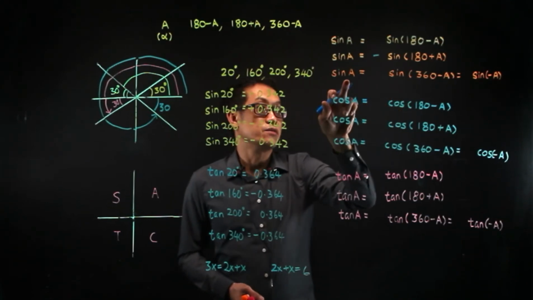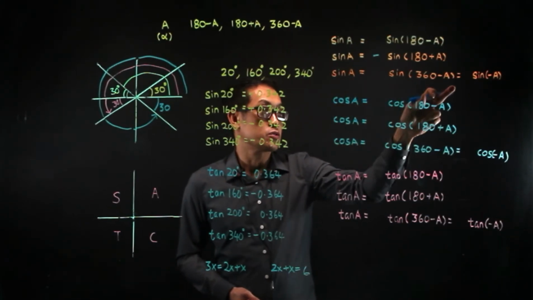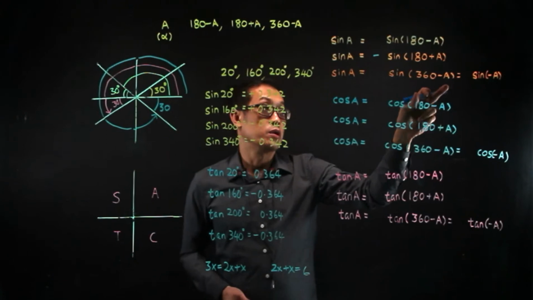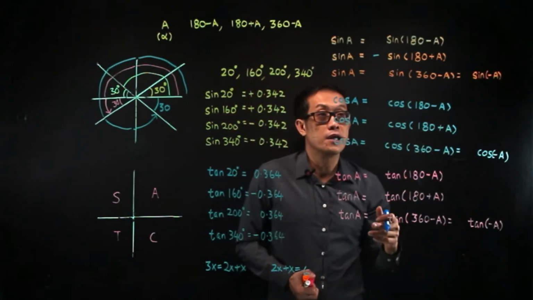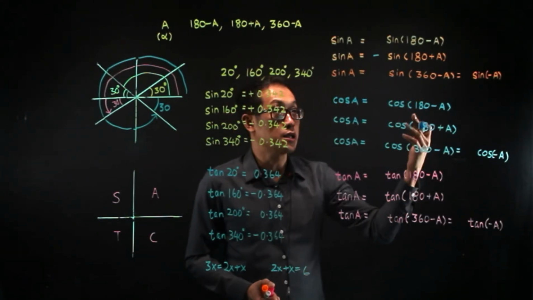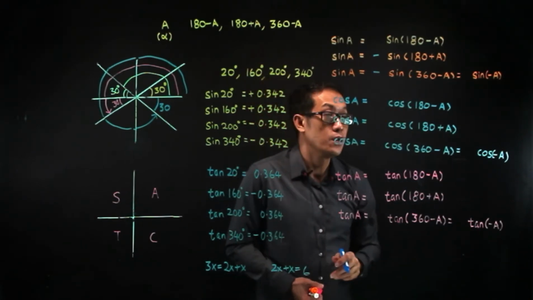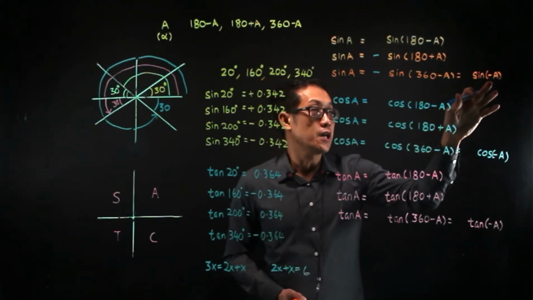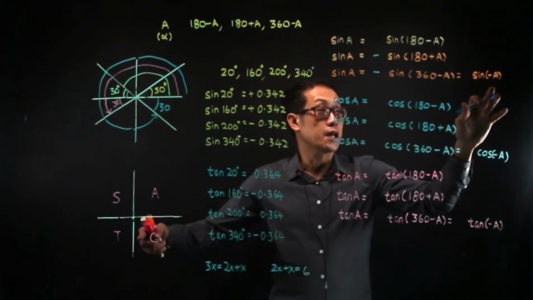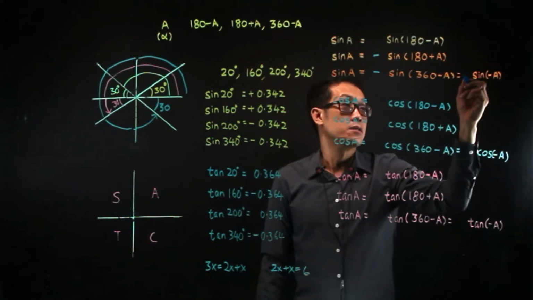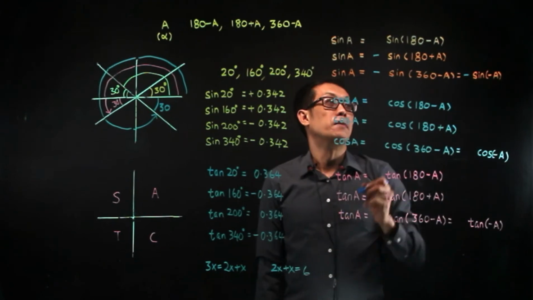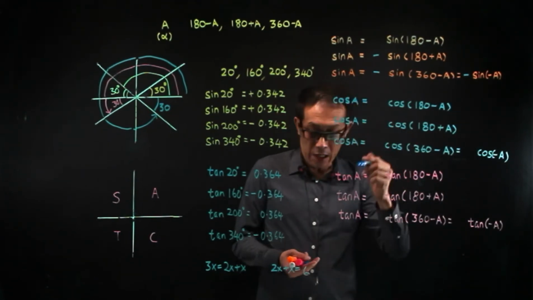If A is first quadrant, this is the last quadrant, or fourth quadrant. If it's fourth quadrant, then sine is negative. So to make it equal, this has to be negative. Now 360 minus A is the same as minus A, okay? So this is minus also. Now we come to cos.